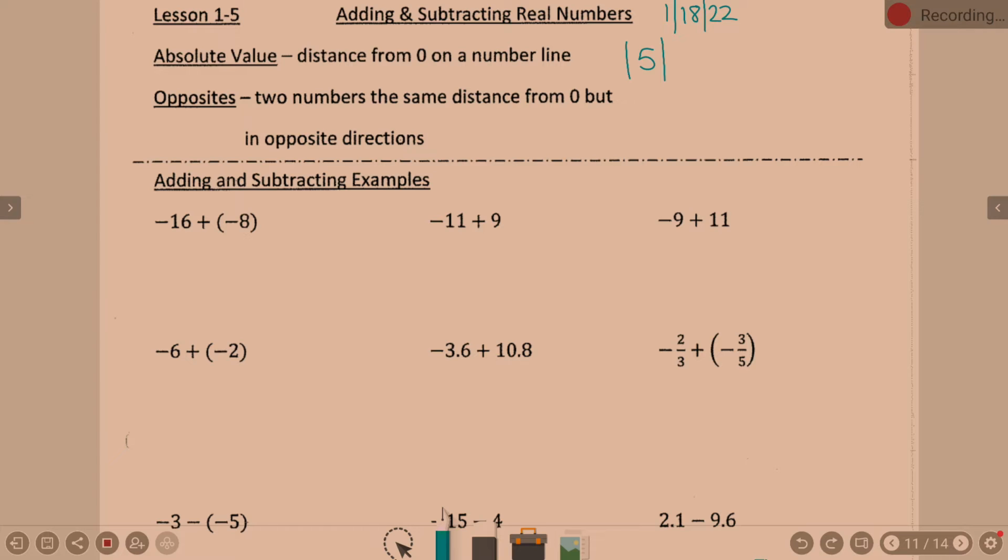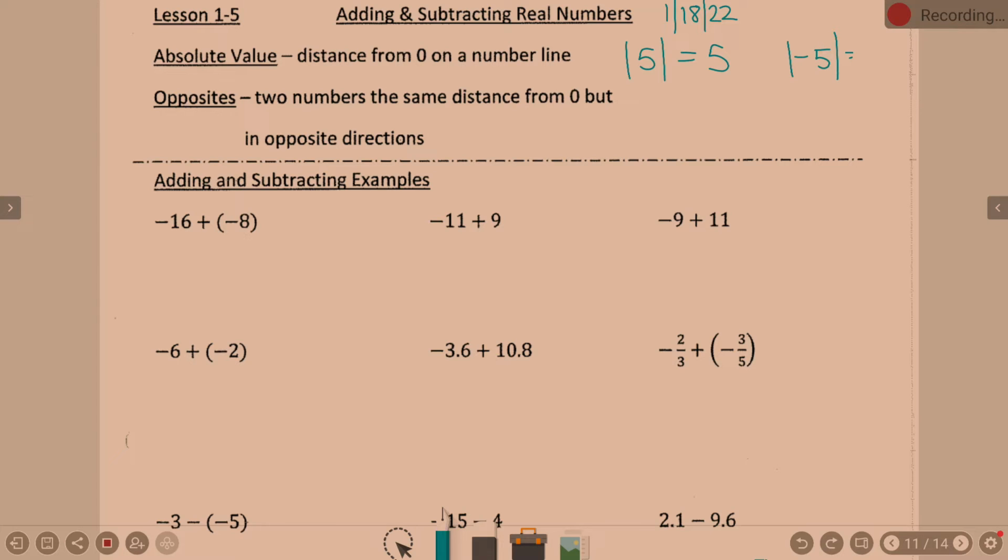And so what this would be saying right here is this is asking what is the absolute value of 5? So how far is 5 from 0 on the number line? And how far away is it? Go with the obvious. It's 5, right? Or in other words, what is the absolute value of 5? It is 5.